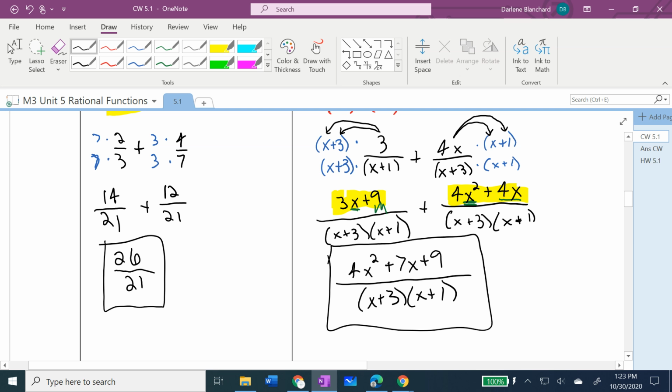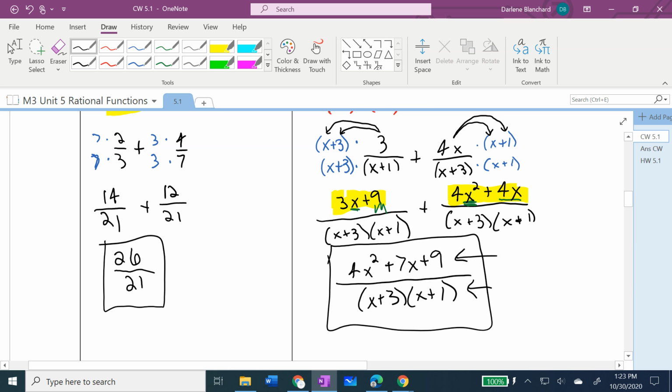I am not going to expect you to write the numerator or the denominator in factored versus expanded form. Just get it to a point where it is a simplified form. Let me make sure I'm clear to you about what I'm saying.